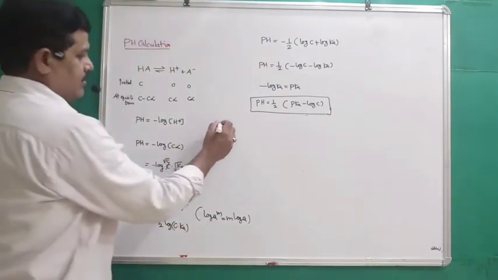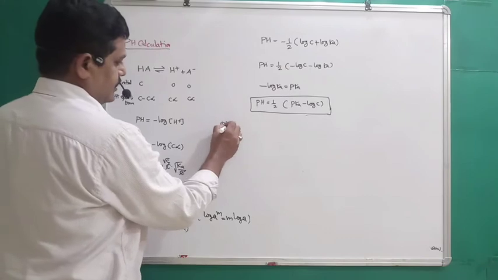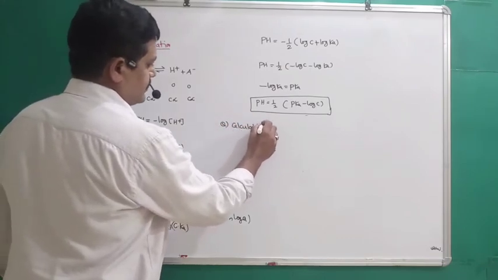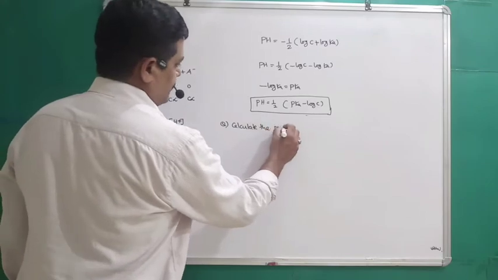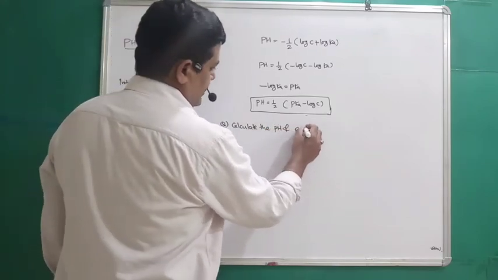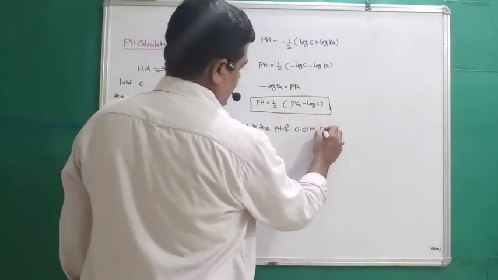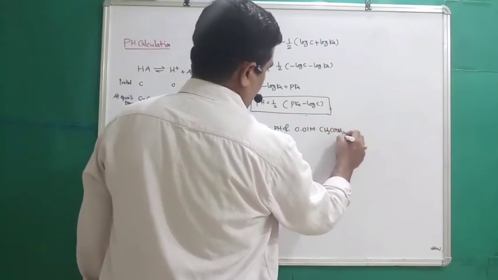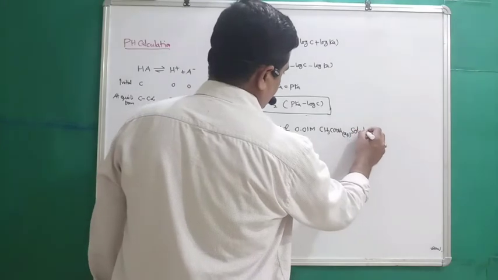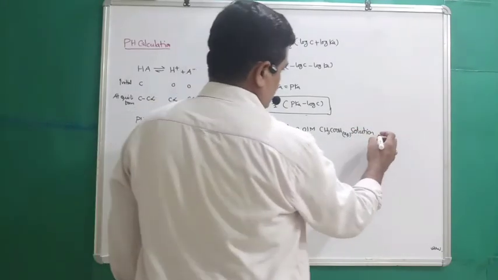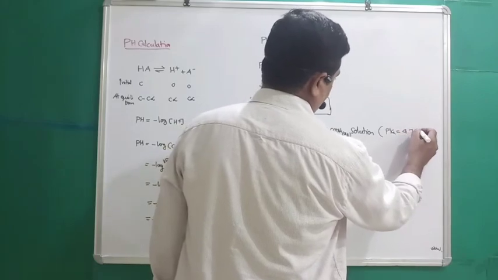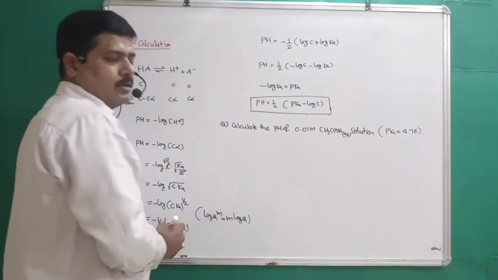Let us do one question based on this. The question is: calculate the pH of 0.01 molar acetic acid, an aqueous acetic acid solution, and the pKa of acetic acid is given as 4.76, right?